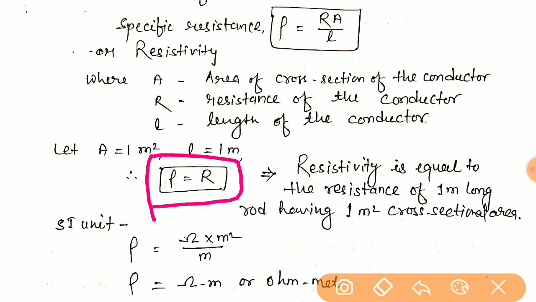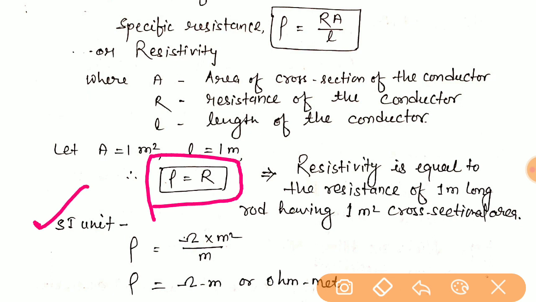So note down the definition. The specific resistance can be defined as the resistance offered by a conductor per unit length having unit cross sectional area.